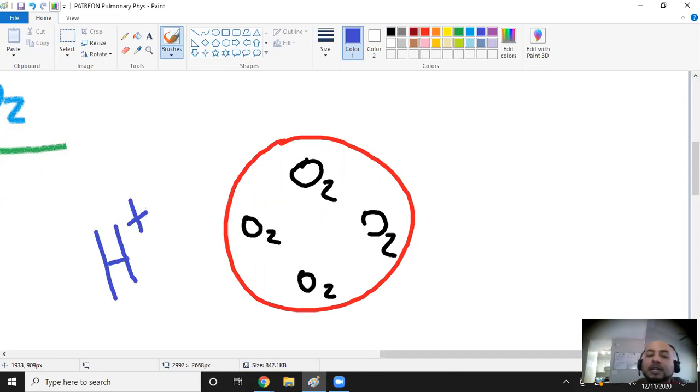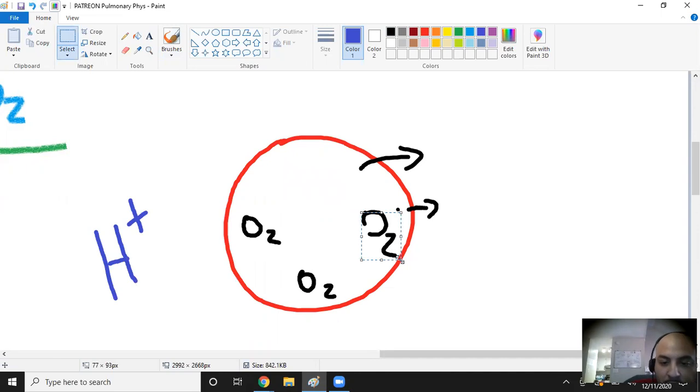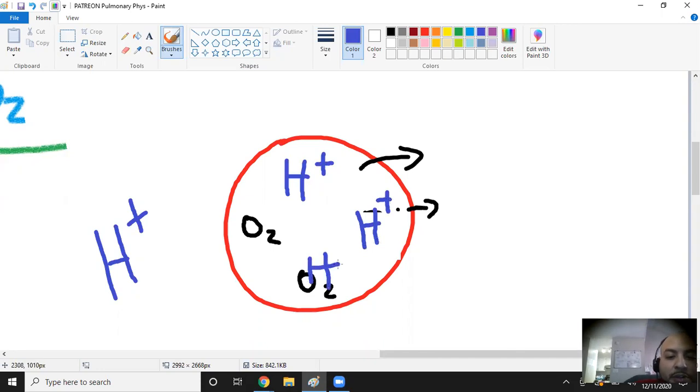They say, hey oxygen, get out of here, man, this is my red blood cell. Okay, fine. So when oxygen leaves, it is replaced by hydrogen. We have hydrogen ions here, and another one over here, and another one just over there, replacing the oxygen, which has now desaturated.